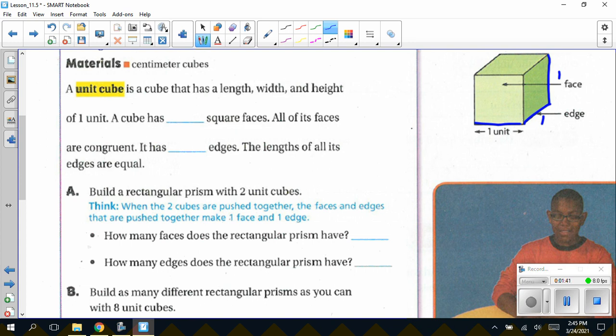Now, if you recall from lesson 11.4, a cube is also a rectangular prism, and a cube does have square faces. Now we do need to figure out how many square faces it has. All cubes have a top and a bottom. So you would have one top face, one bottom face.